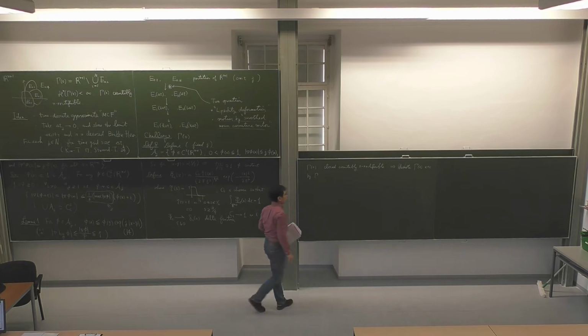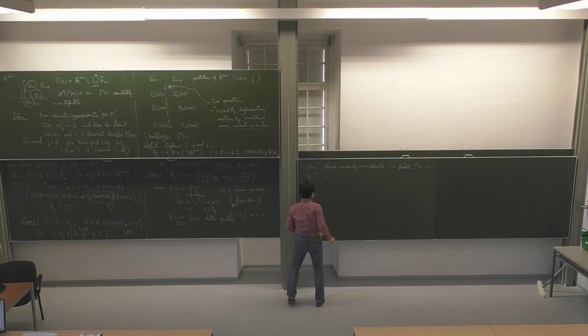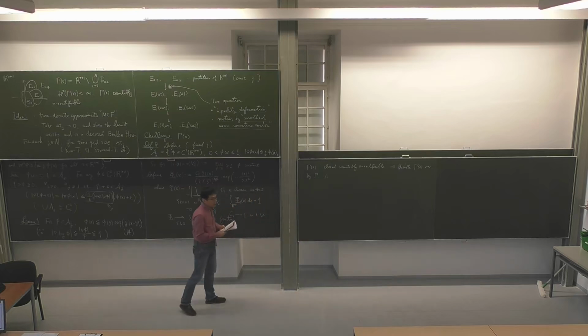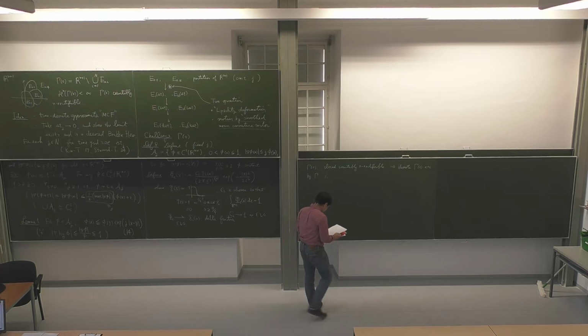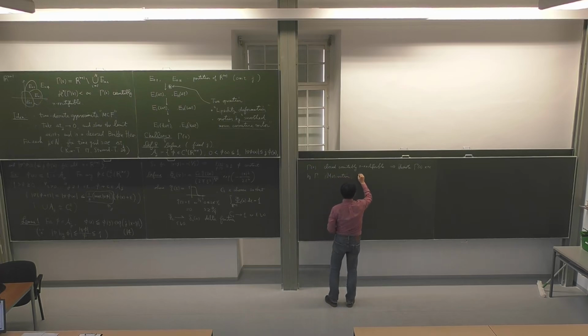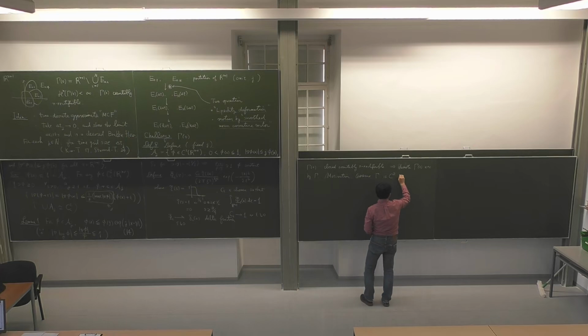Given this gamma, I would like to have some notion of mean curvature vector. But just as a motivation, first assume for the moment that gamma is actually a C2 n-dimensional surface.